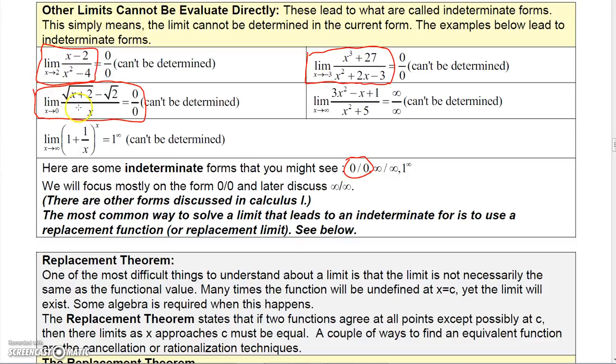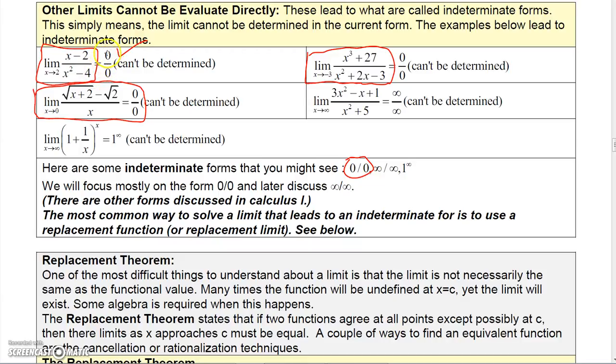One of the common mistakes that students make when I say evaluate a limit like this one here, they get 0 over 0, and they either say that equals 0, or they say that limit does not exist. Or maybe they say infinity.